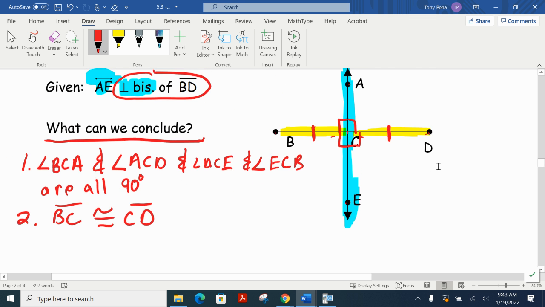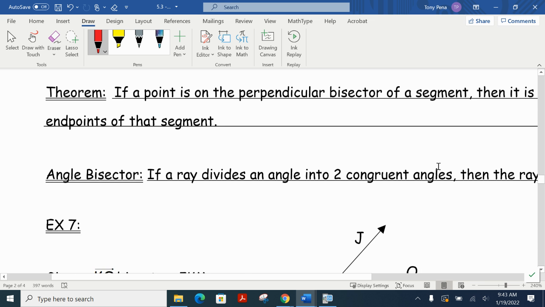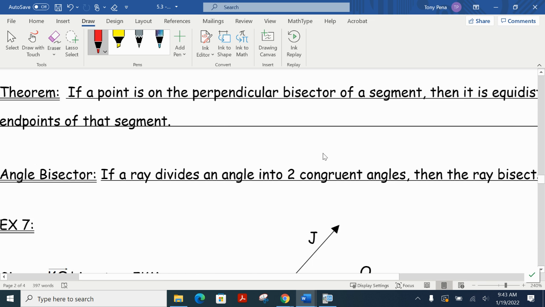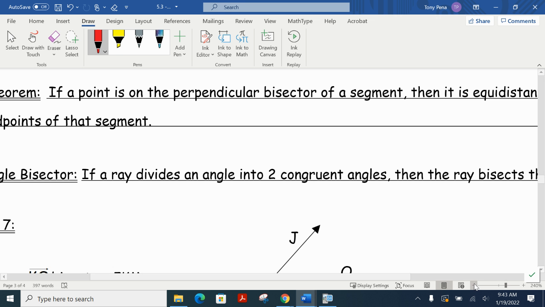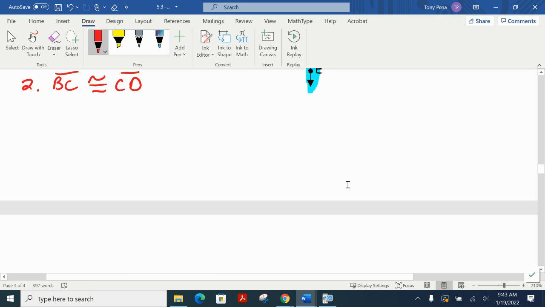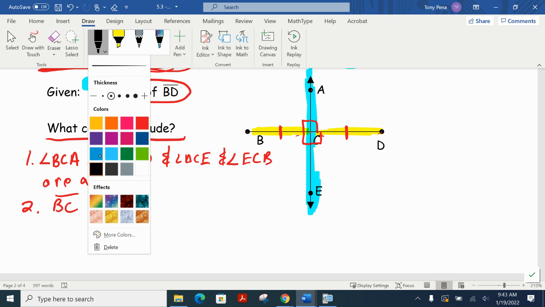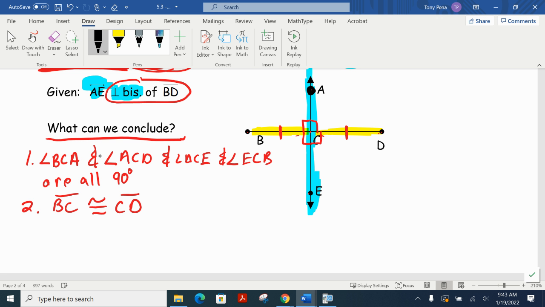All right, from there, the last page here, oh no, there is one more. Oh yeah, this guy. So this one now says, if a point is on the perpendicular bisector of a segment. So if I go back to this problem, this blue line is your perpendicular bisector. Notice how the point A lies on that blue perpendicular bisector.